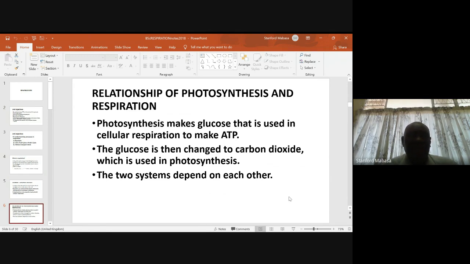Let us look at the relationship of photosynthesis and respiration. Photosynthesis makes glucose that is used in cellular respiration to make ATP. The glucose is then changed to carbon dioxide, which is also used in photosynthesis. The two systems depend on each other.